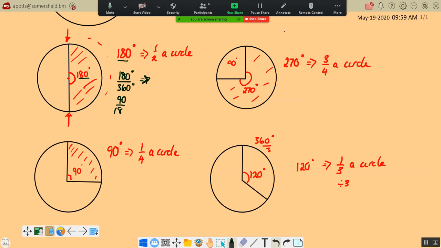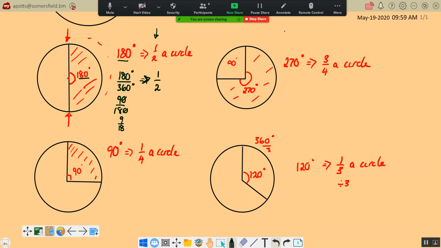Yeah, that is a first step, but it can go further. You could even say it's 9 over 18. You get rid of the zeros, but it can go even further. It's a half, right? So 180 out of 360 is a half.